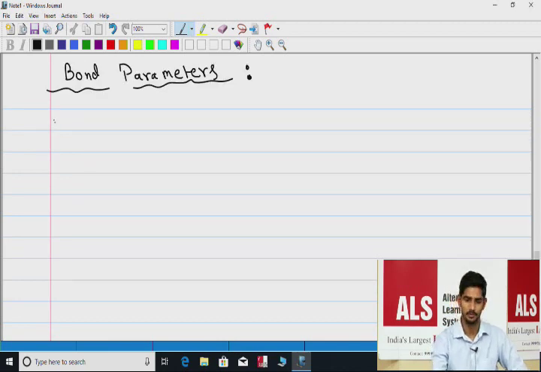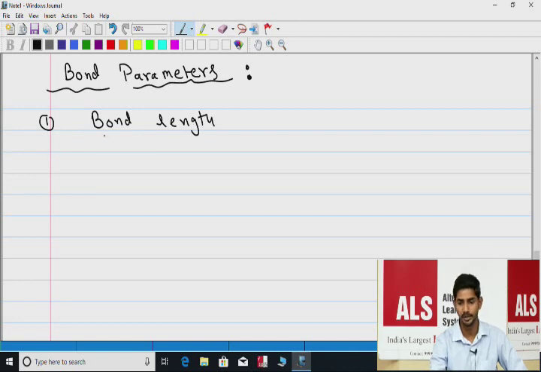Bond parameters. First is bond length. Guys, it is a very important topic with respect to the examinations. Okay. We should have available examples as well, no?